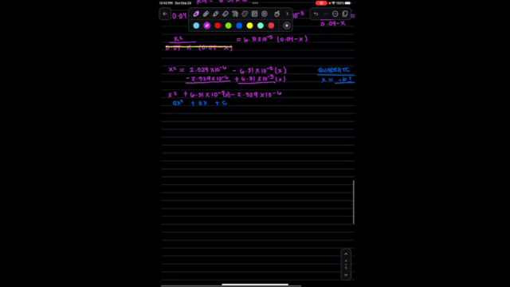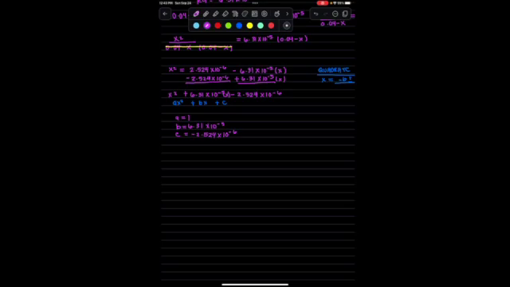So our a equals 1. Our b equals 6.31 times 10 to the minus 5. And our c equals negative 2.524 times 10 to the minus 6. Can't forget that minus sign right there in the front.